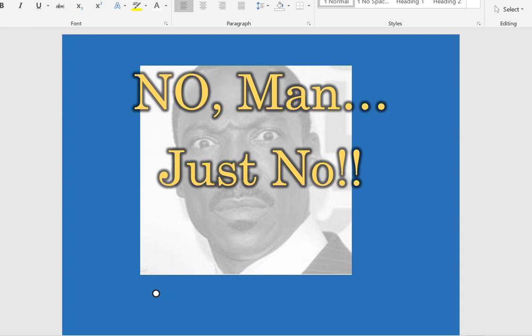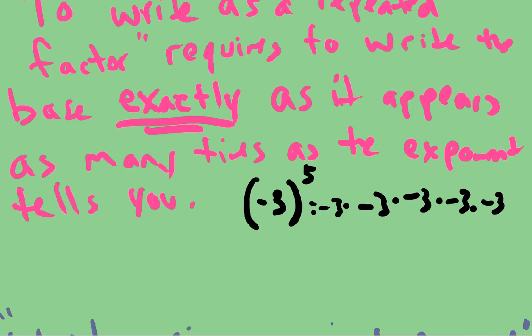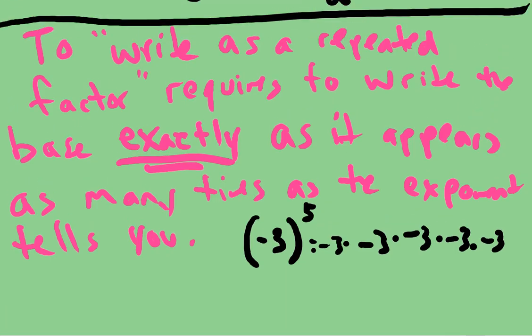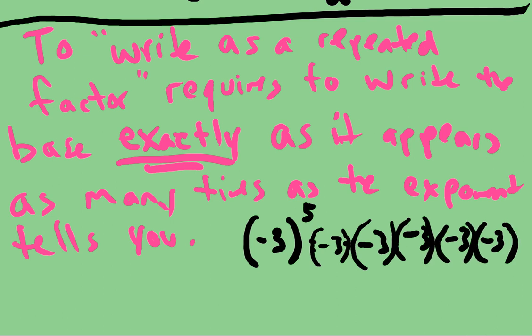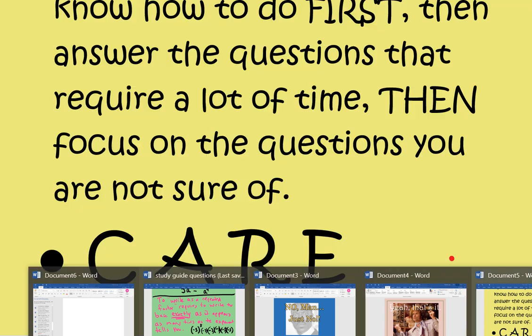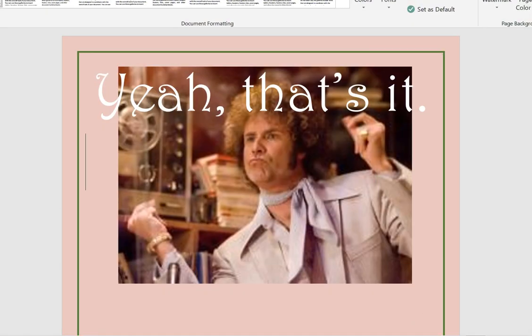No. Technically, in that case, you'd still get the correct answer, but you have got to put your parentheses going with it. You can't just get rid of those. You write the base exactly how it's written. This is the base, parentheses, -3. That would be your correct answer. All right?